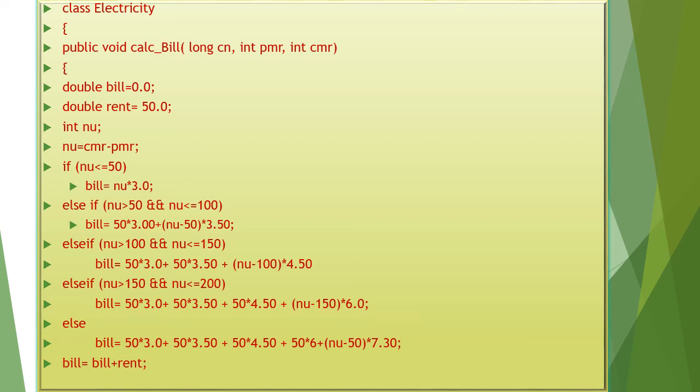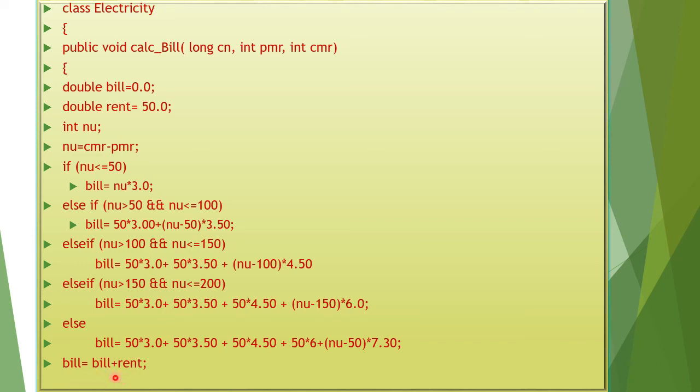And then we add the rent amount to the calculated bill. The bill amount will be stored in the variable bill, and then we have to add the fixed rent amount to this calculated bill. That is why we write the statement here: bill equals bill plus rent.